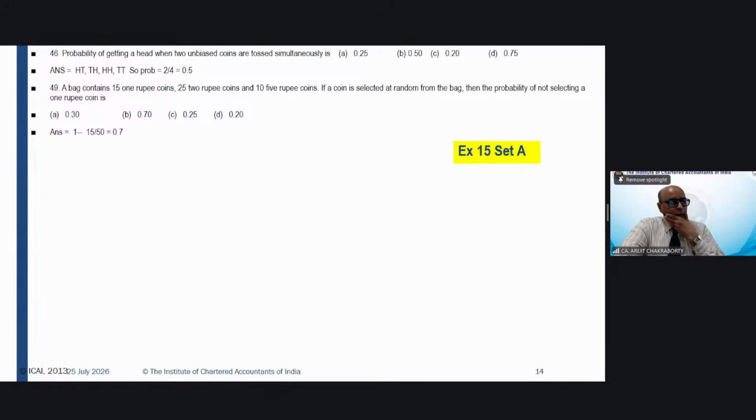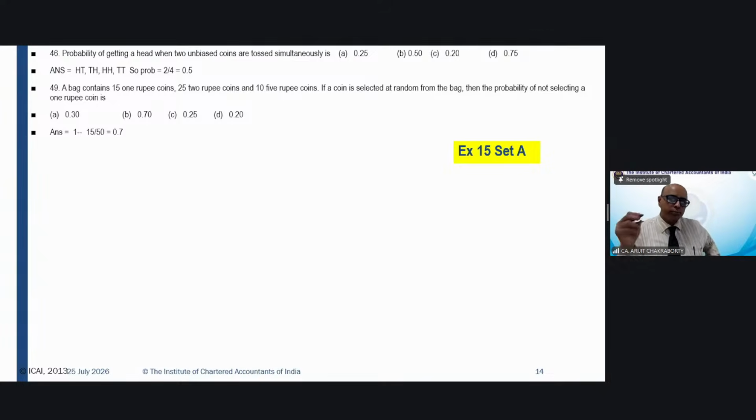So how many coins are there in all? We have 15, 25 and 10. Total number of coins is 15 plus 25 plus 10. That is 50 coins. If you select a coin at random, that means you can select it in 50 ways.